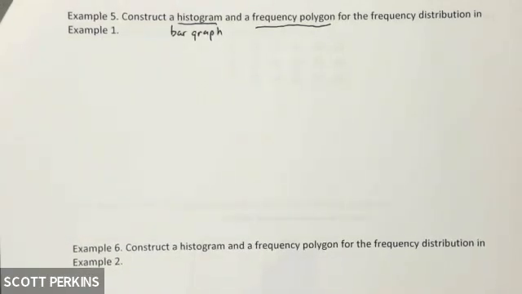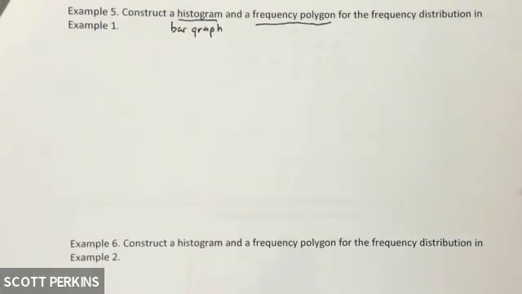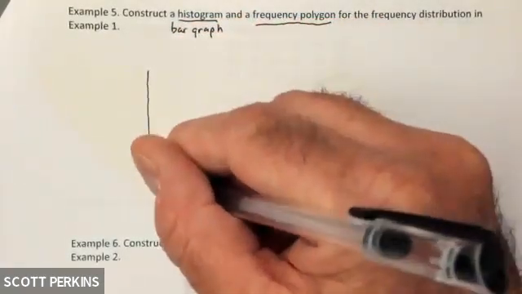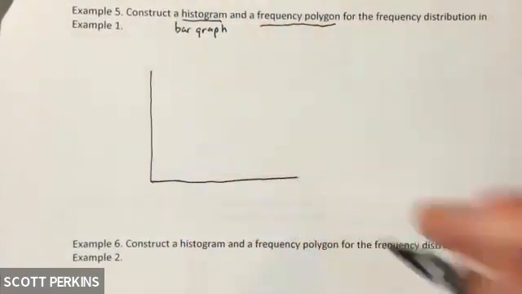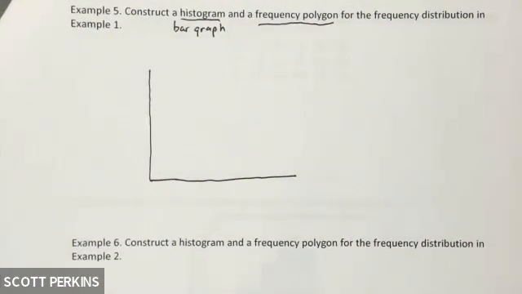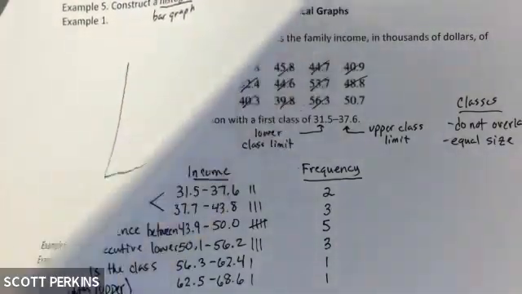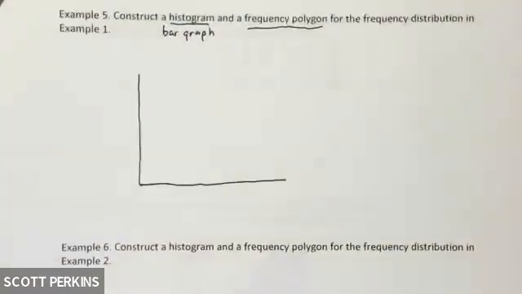So the first thing that you're going to do is draw like a big L. This is your X and your Y axis. I'm going to draw a big L right here. This is where we're going to draw the graph. I'm just looking back to page 1. On page 1, what we were looking at is income, and we had frequency.